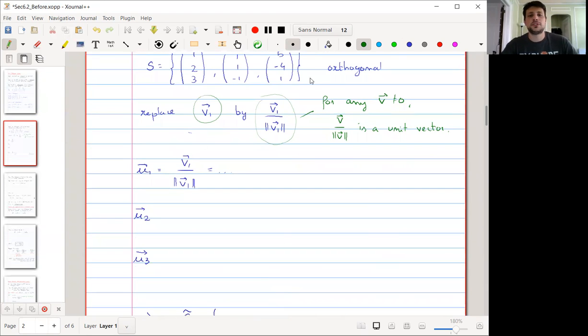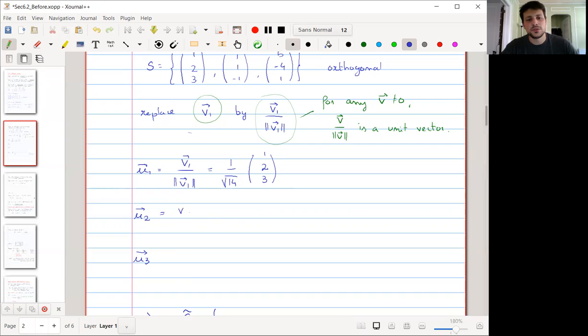So in our specific example, what we can do is to divide the vectors by their length. The length of v1 we computed in the previous exercise is square root of 14, so we divide by that, and we define a vector u1 accordingly.